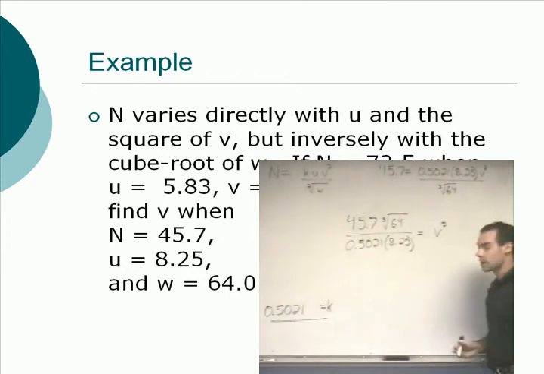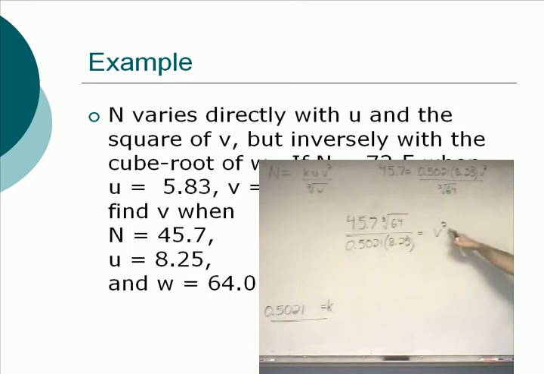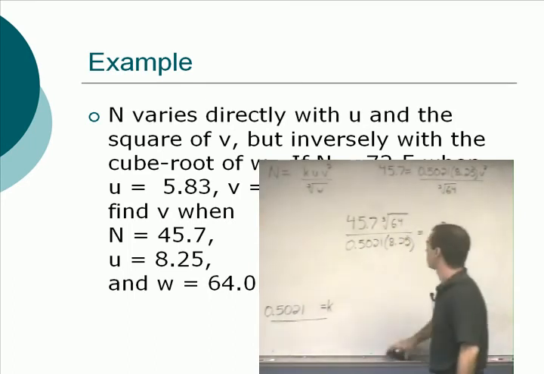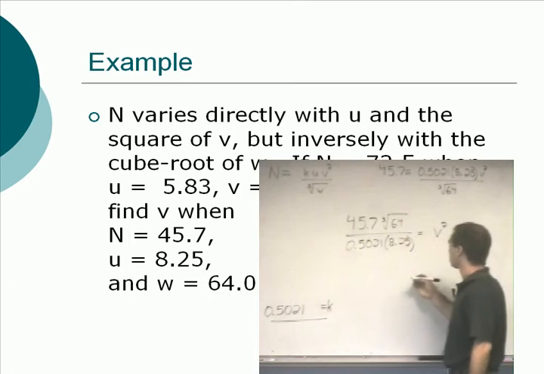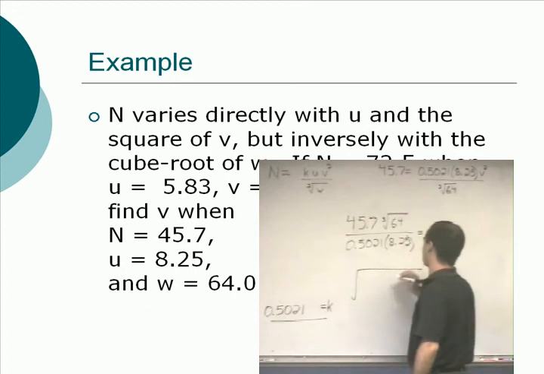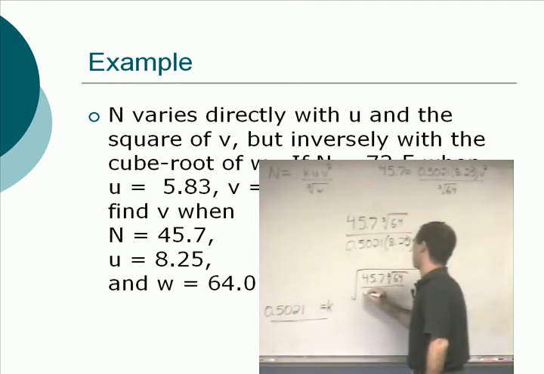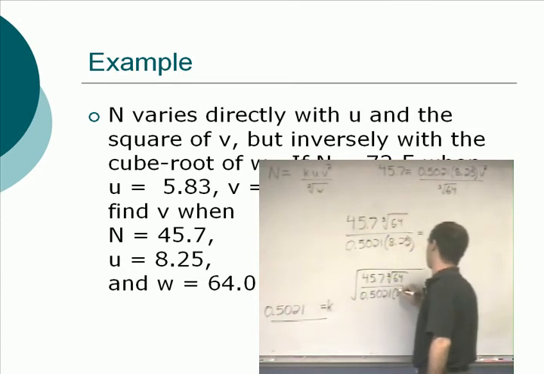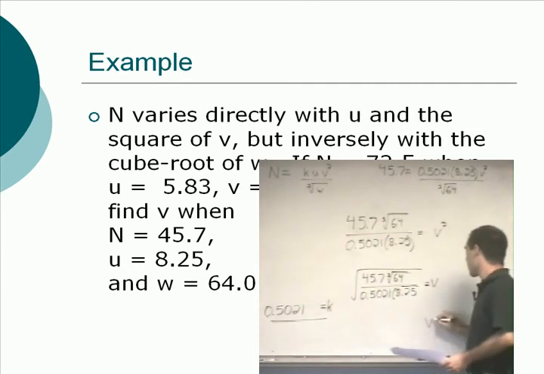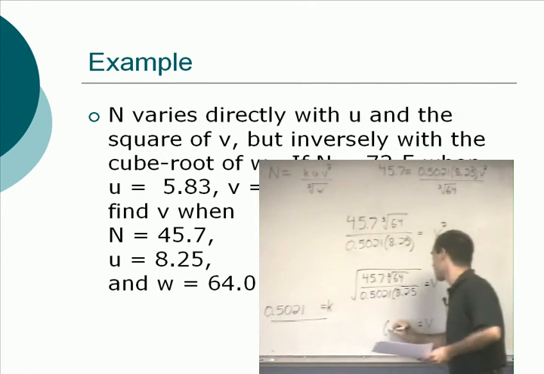Once you get this result, you're going to take the square root, and V turns out to be, did anybody crunch that out? 6.64. We got it.